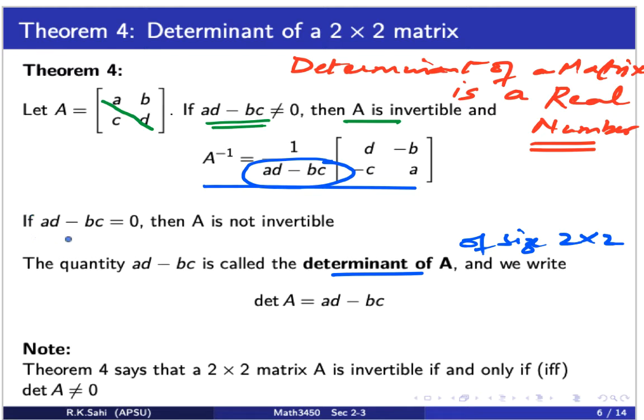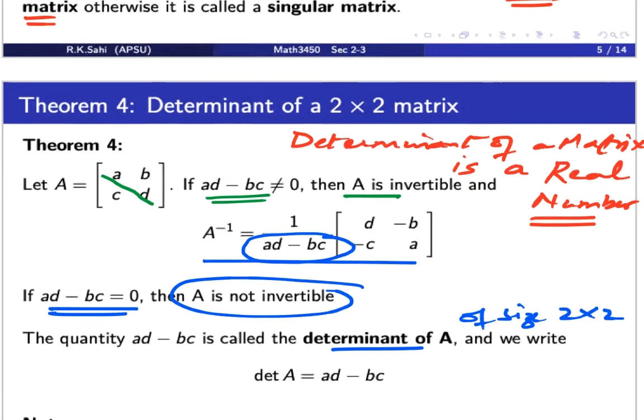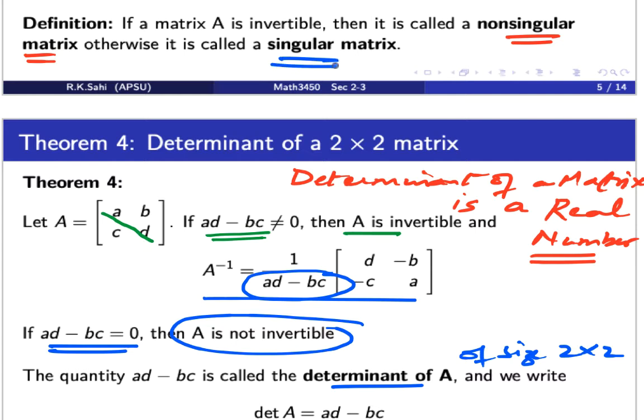If this is equal to 0, then we say A is not invertible. And if a matrix is not invertible, we call that matrix a singular matrix.